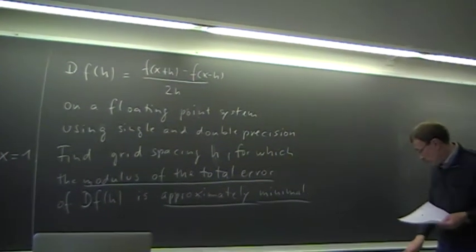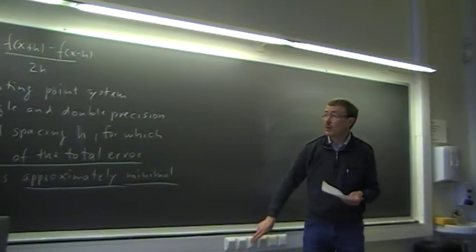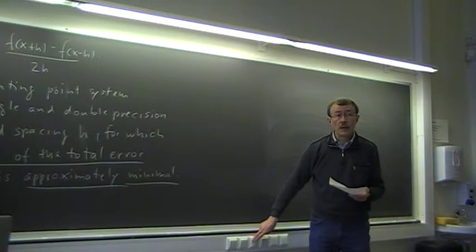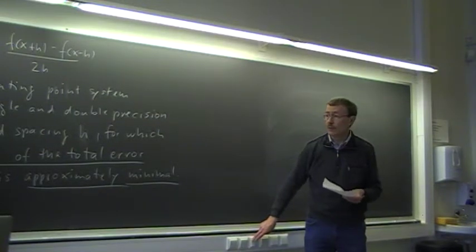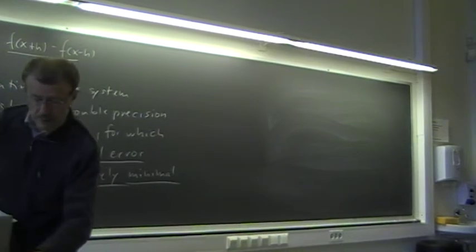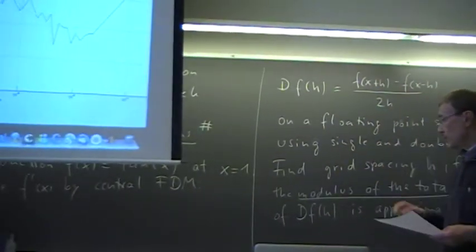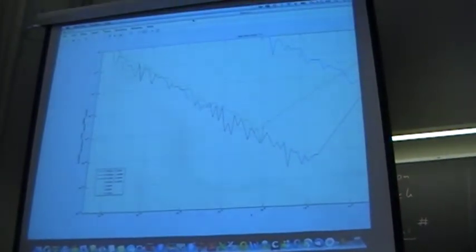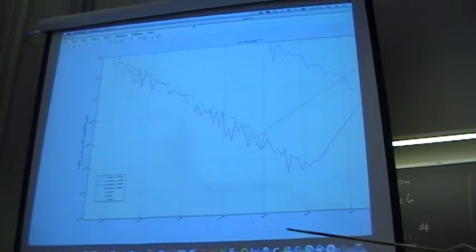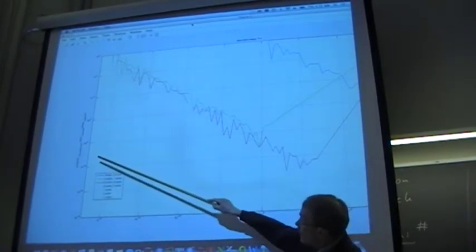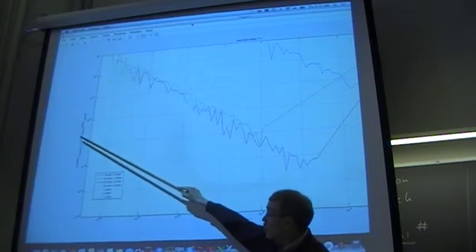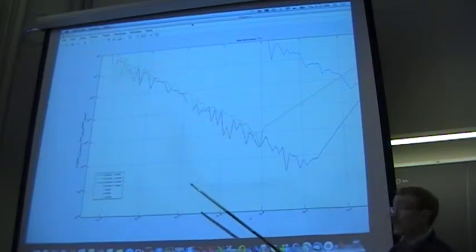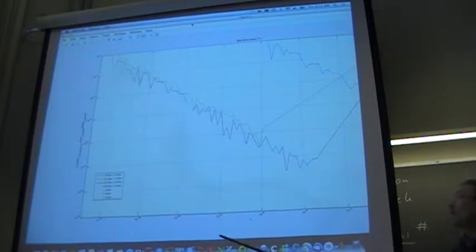And to remind you what this is up to, I recall exercise 1. And there we had this picture that you generated in the first exercise, where we had here the grid spacing h, and here we had the error, the relative error. So it was the error of the finite difference approximation minus the exact derivative of the tangent of x at x equal to 1 divided by the exact derivative.